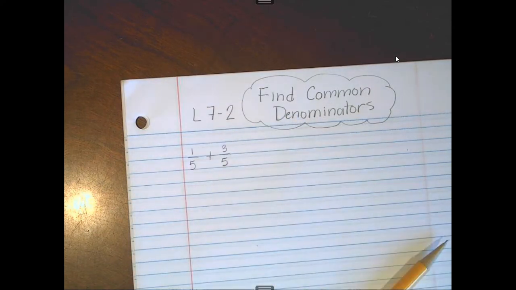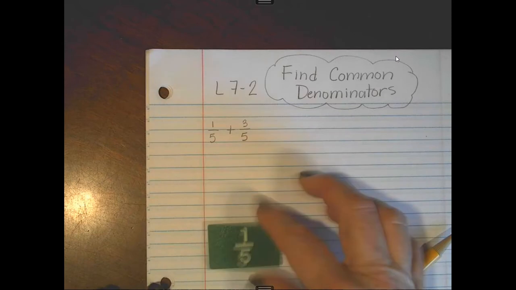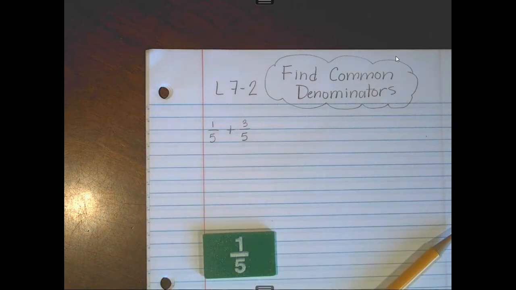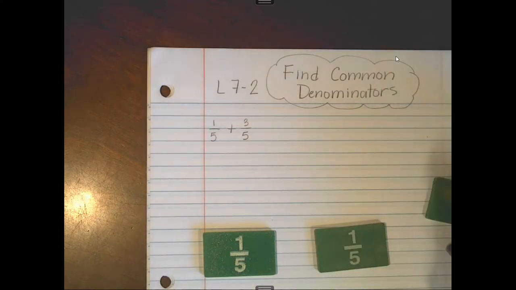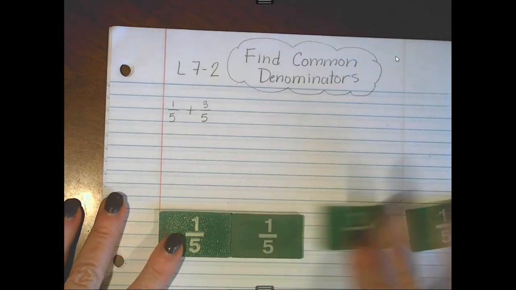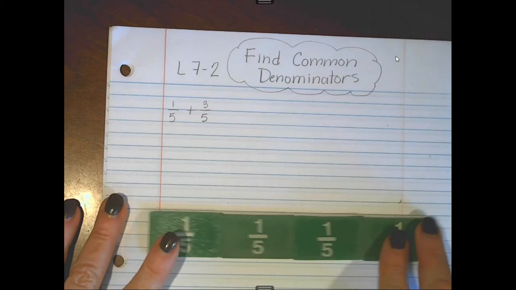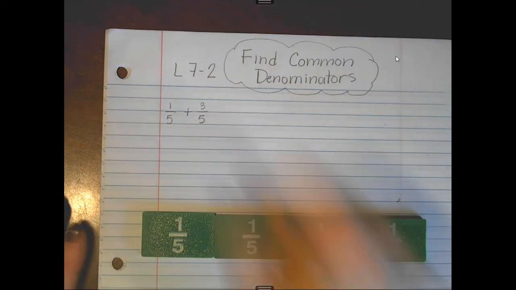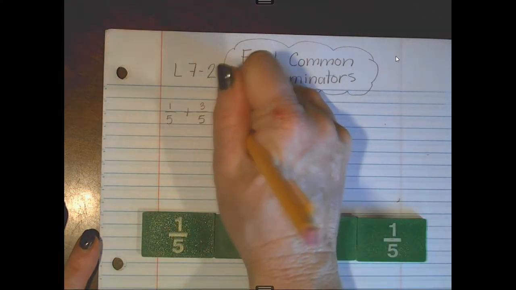What you knew from that grade is that since they're like fractions, you could add your 1/5 to your 3/5. Since they are the same equal parts, and we know that because they have the same denominator, when you add them together, you can simply count them and see that what you have are 4/5.